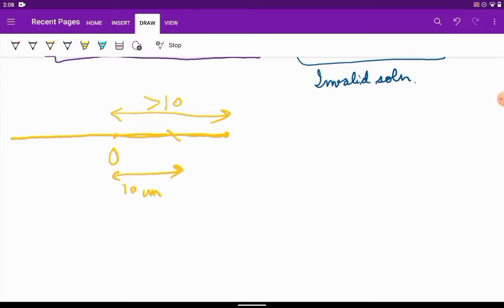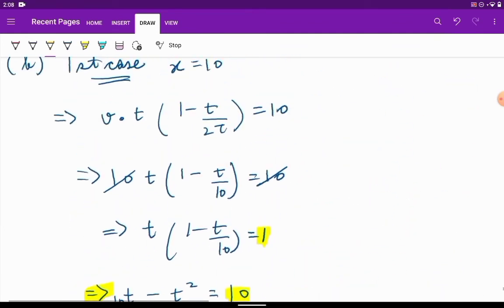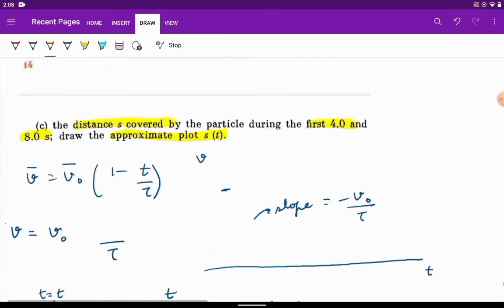One when going towards the positive x-axis, one when coming back, so there will be t1, t2, and one when going this way, somewhere around here, which is t3. That is why you have 3 solutions for this. Fine.